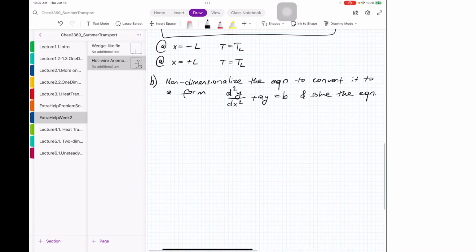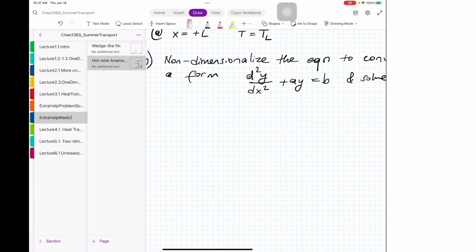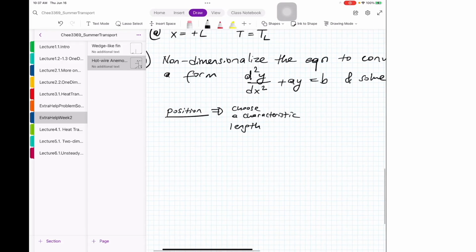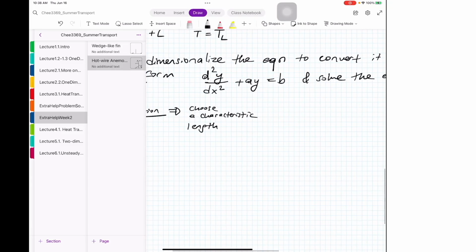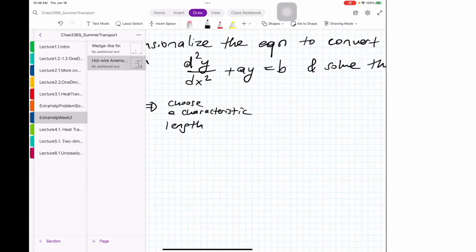Well, non-dimensionalization of the position is pretty straightforward. You just choose a characteristic position or length, which is basically easy to find from the schematics.